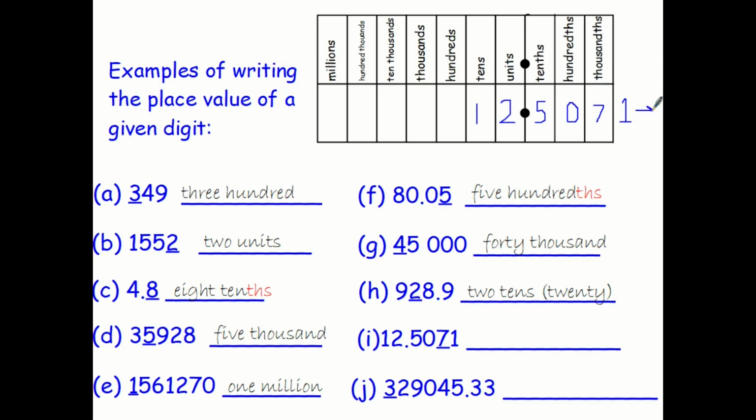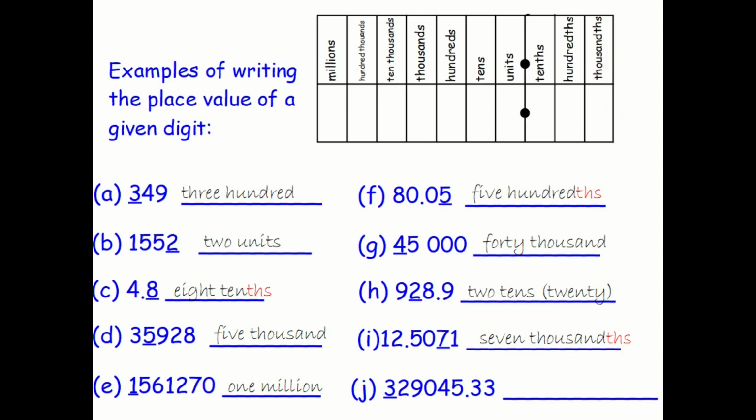There absolutely are columns going that way, and absolutely columns going that way as well. So just because my place value table stops, the columns of course do exist in both directions. So the 7 is underlined, so what is the place value of the 7? It is thousandths, so 7 thousandths. Again, be really careful, remember those THS on the end.